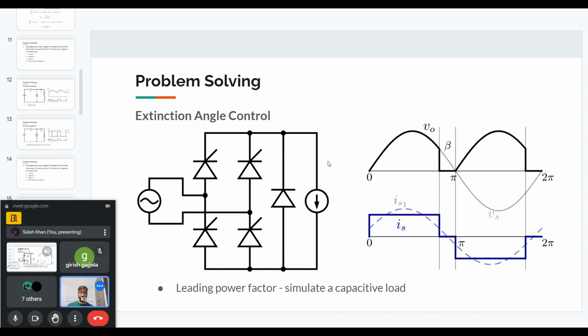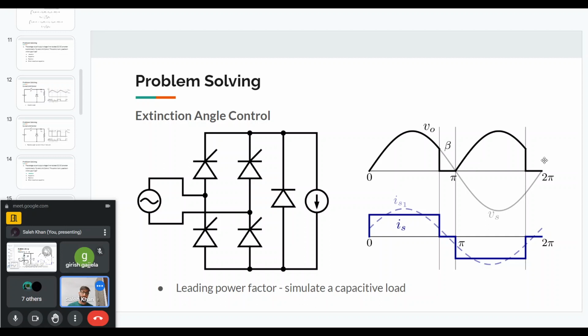So here what we do is we turn on the thyristor. It has to be a GTO because we will need a turn off control as well. So we will turn it off. If we turn it on at zero angle, and we will turn it off at some angle which is pi minus beta.